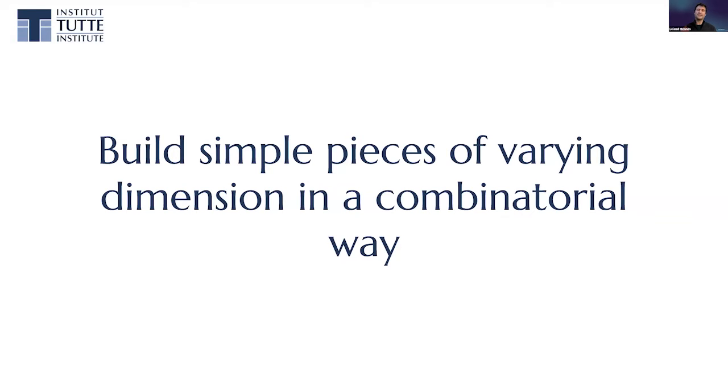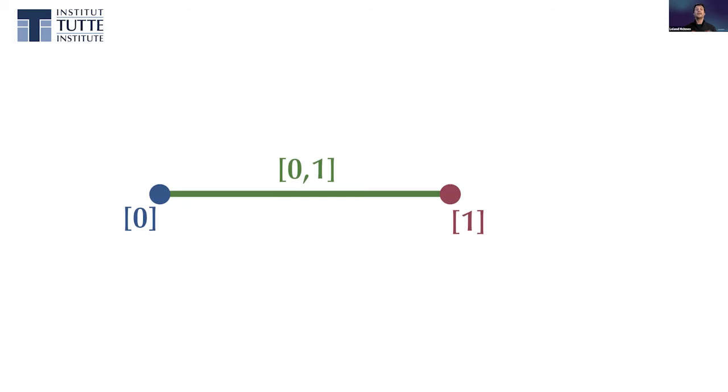So the real idea here is we can build things up combinatorially, and then once we have the pieces, glue them together. So here is, from simplicial complexes, what's known as a 1-simplex. It's just defined as a one-dimensional span between two 0-simplices, which are just points. But we don't need to actually keep track of that continuous span. We can just take the set of 0-simplices and assume that it spans them.